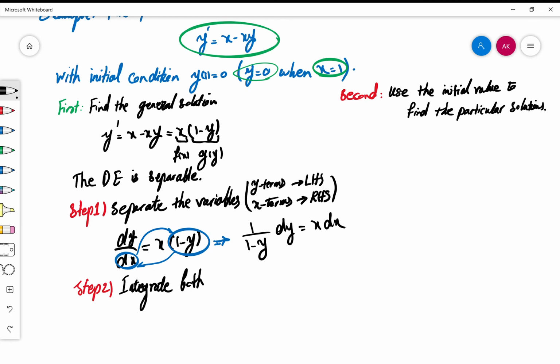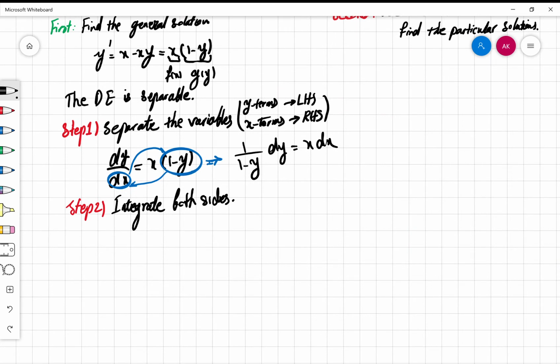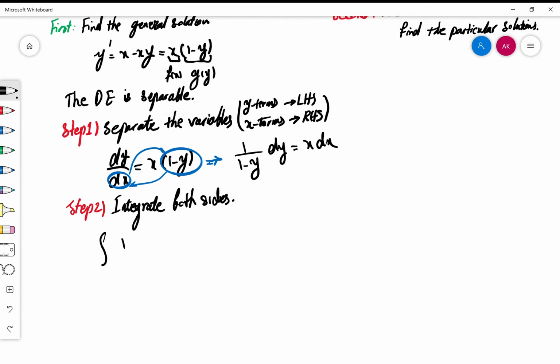Step 2 now is that, now that you separated, integrate both sides. The left hand side will be the integral of 1 over (1 minus y) dy, and the right hand side is going to be the integral of x dx. If you look at the left hand side, you need to do one small substitution. u is equal to 1 minus y, and then du is equal to minus dy.